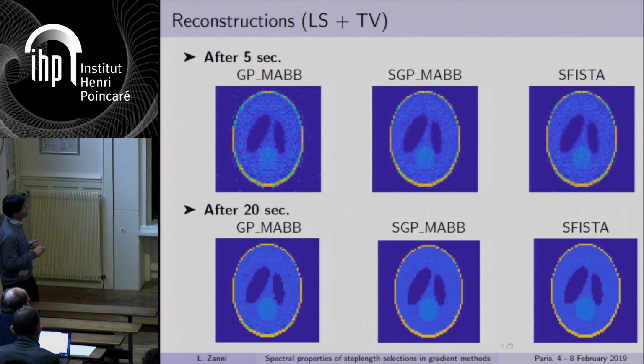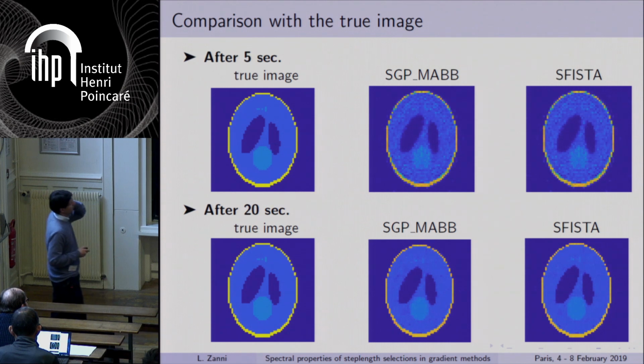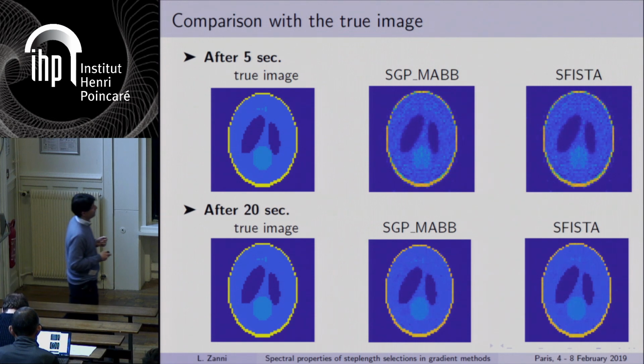Here I have reported the reconstruction after 5 seconds and 20 seconds, that is after 20 iterations in this case and 8 iterations in this case. And we can observe that the scaled version seems clearly better, especially after 20 seconds the reconstruction seems very, very good. I have reported also the comparison with the true image, and after 20 seconds the reconstruction seems satisfactory.